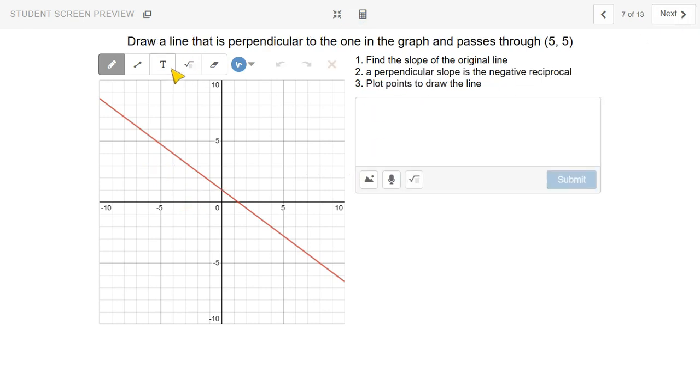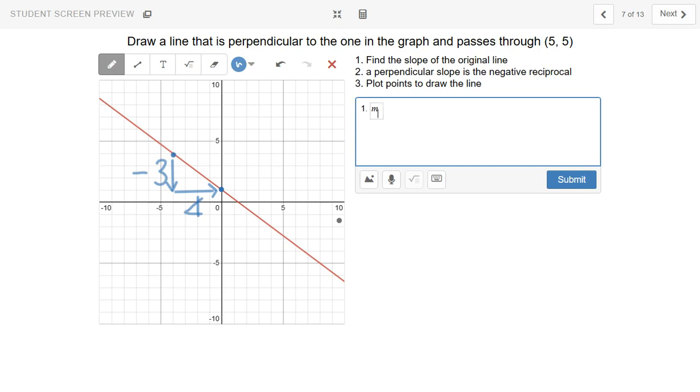Right. This question, draw a line that's perpendicular to the one in the graph and it passes through (5, 5). First of all, I need to find the slope of the original line. I notice that this line is exactly the same line as the one we had on the previous slide, but we can also count again and we have a slope of -3 over 4.